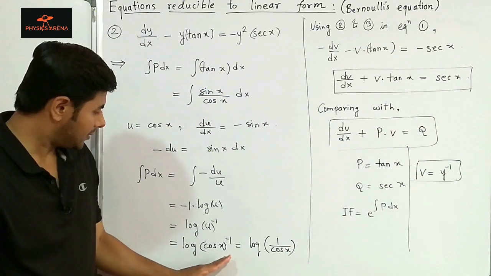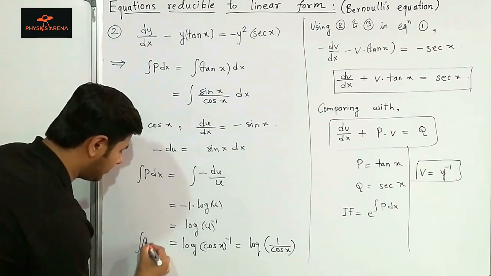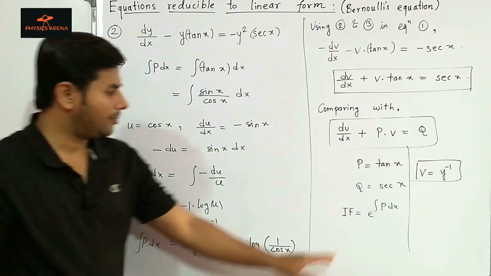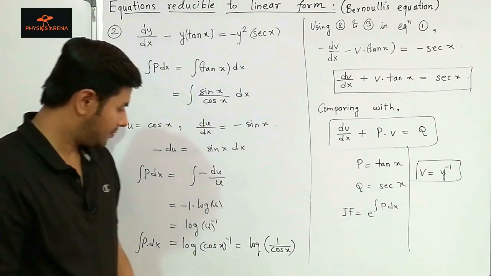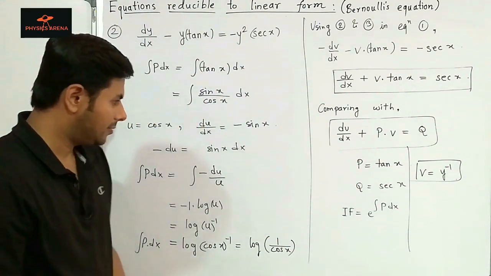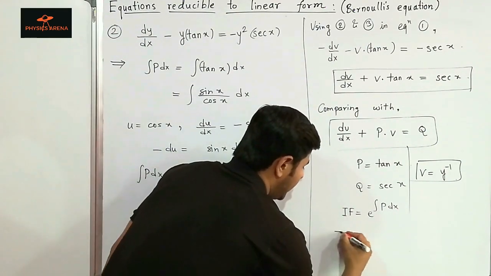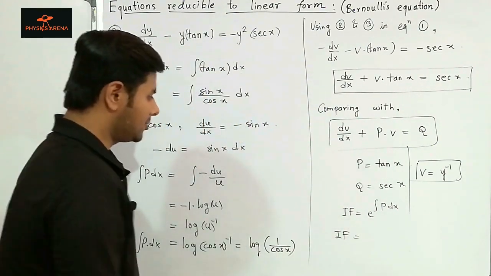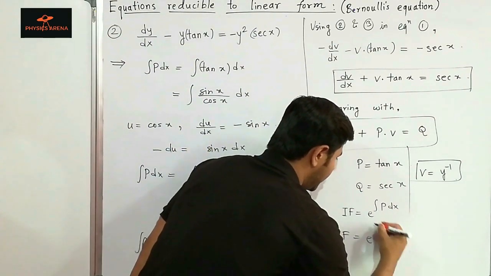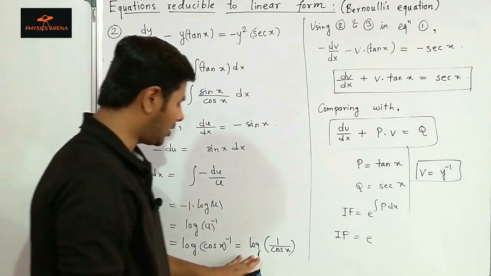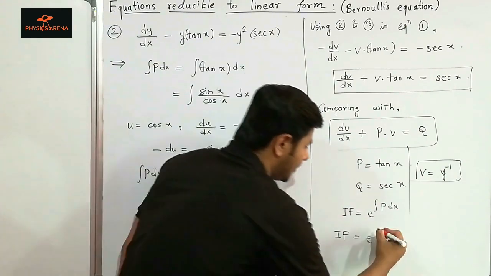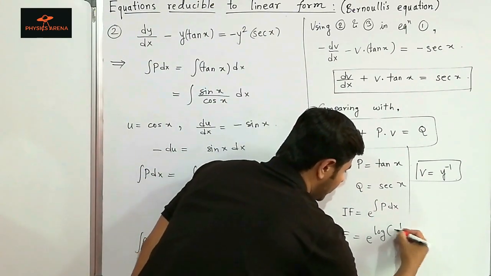Now using this integral of p dx, we can find the integrating factor. So let us use this. So we have integrating factor equals to e raised to integral of p dx, and that is log of 1 over cosine x. So e raised to log of 1 over cosine x.